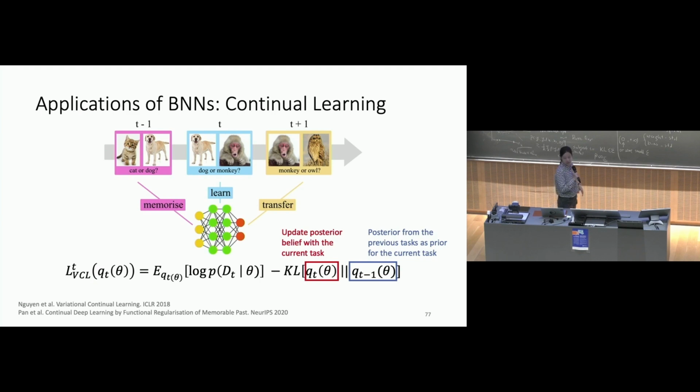Okay, so here's the question, right? So the theoretical framework, assuming that you can compute the exact posterior. Okay, let's assume that. So the exact posterior at time t, this is your exact posterior at time t, right?